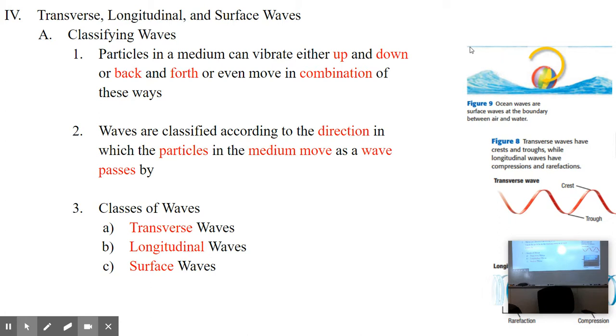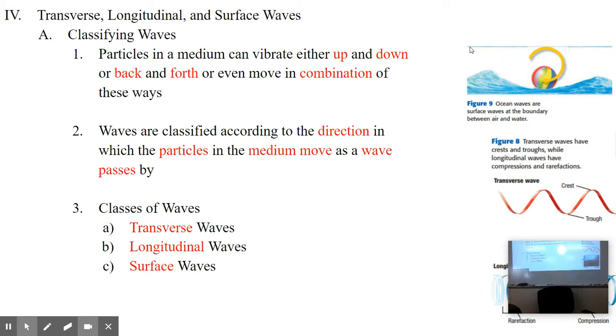So the waves are classified according to the direction in which the particles in the medium move as that wave passes by. Those longitudinal waves, or back and forth waves, are like a slinky or a big giant spring that you're constantly stretching and compressing. That would be a longitudinal wave.